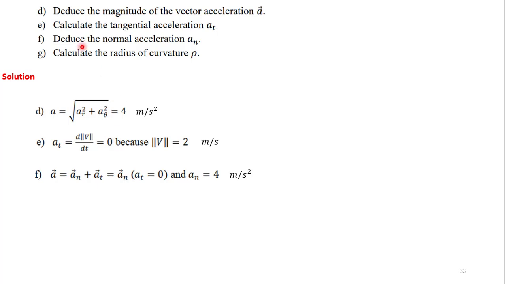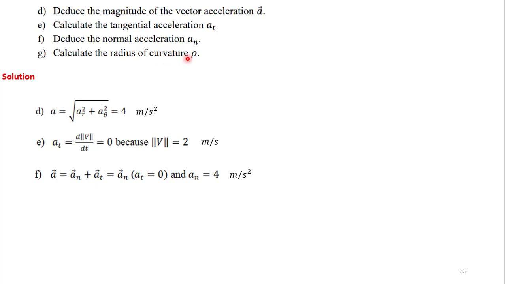Part F, deduce the normal acceleration An. So we can use An equals A minus At, where At is equal to 0, then An will be equal to A, and it's just 4 meters per second squared. In question G, calculate the radius of curvature rho.